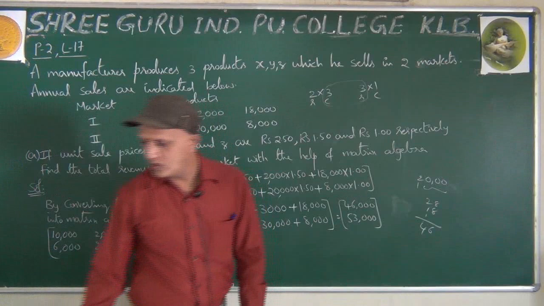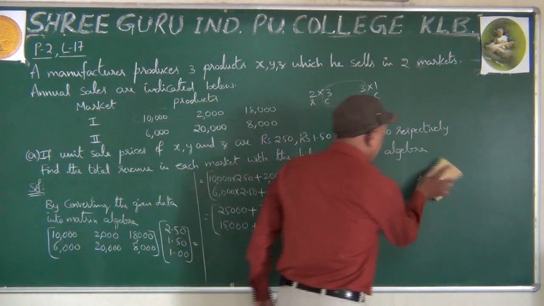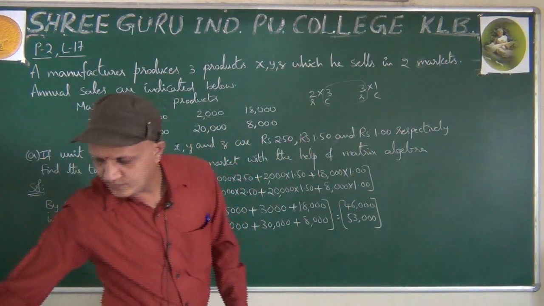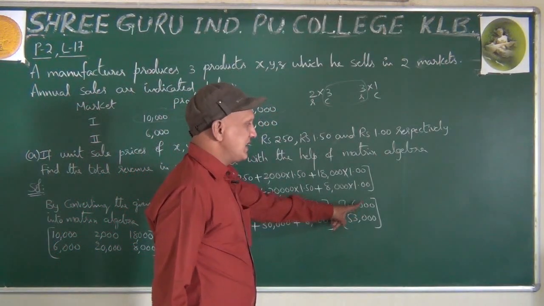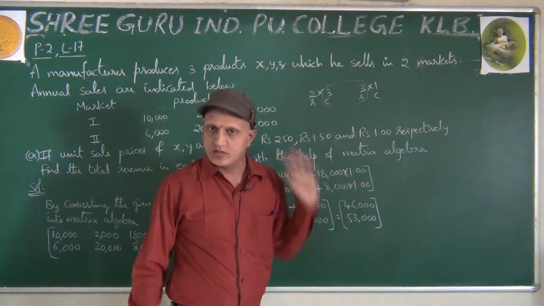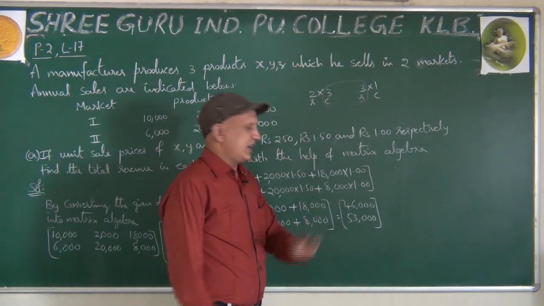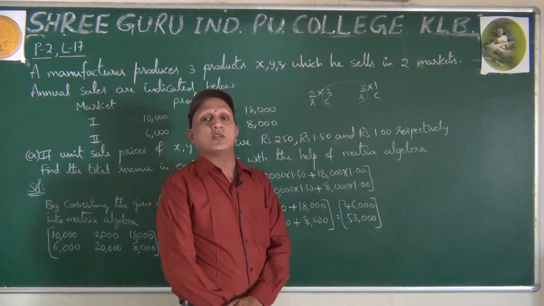So what is the meaning? What does it mean? What does it give? In the first market, he got 46,000 amount. In the second market, he got 53,000 amount.